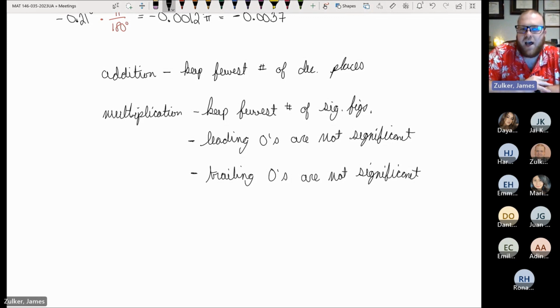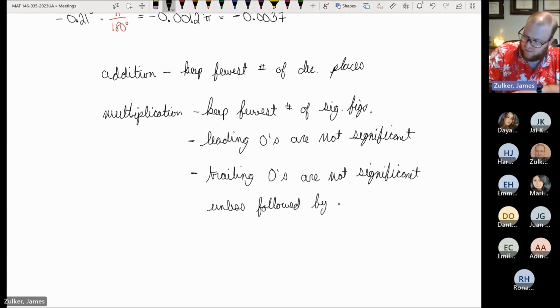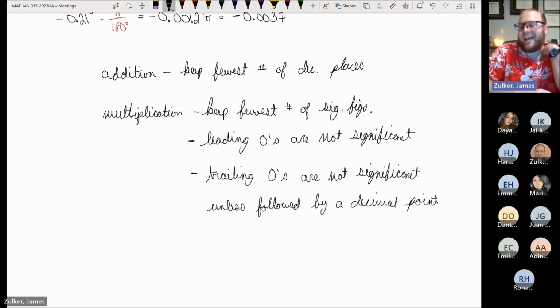Trailing zeros are not significant, unless they are followed by a decimal point.